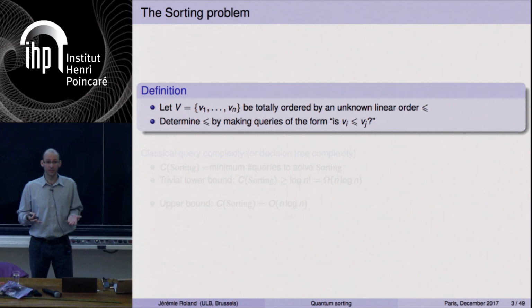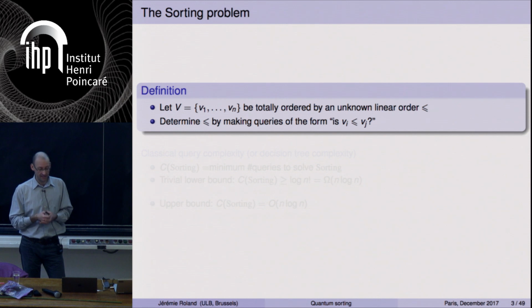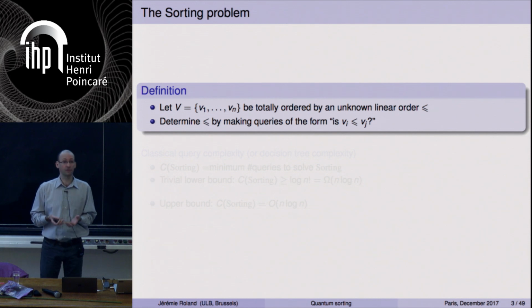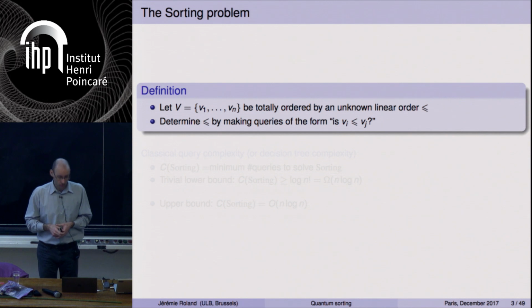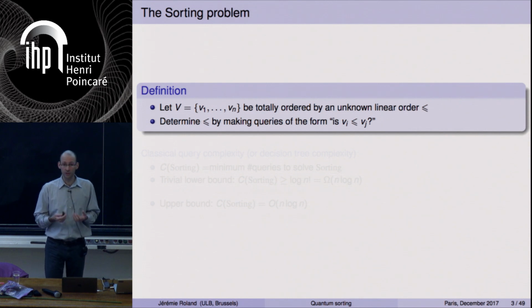So you don't know the order of the elements, and you can only access these elements by making queries of the form, is Vi less than Vj or not? The query will answer yes or no. And using such queries, you should determine the total order.